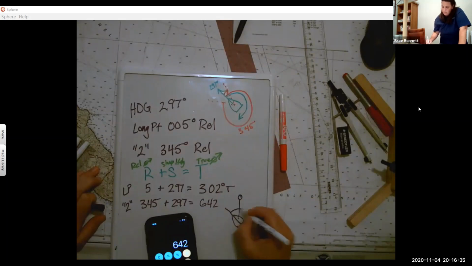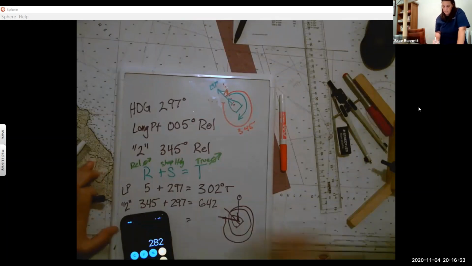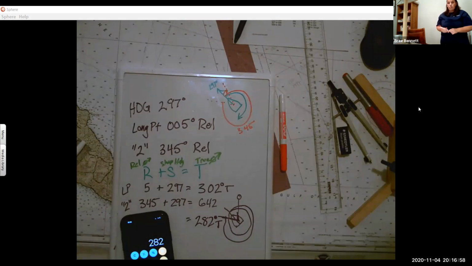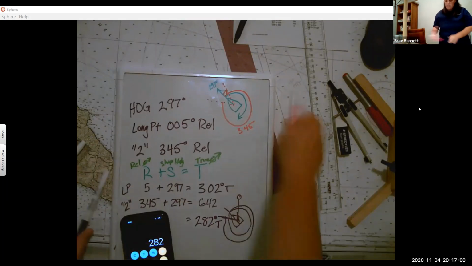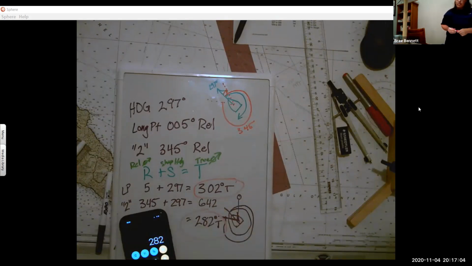It's going 360 degrees plus another 282, so it ends up right about there. My 642 minus 360 gives me 282 degrees true. So I'm going to plot these two LOPs and see where that leaves us.